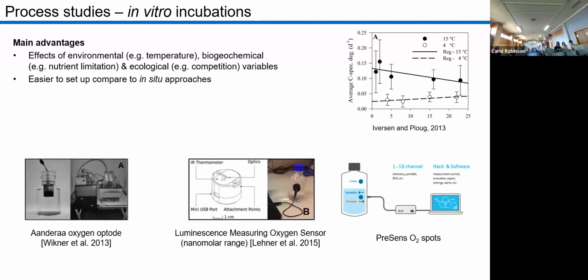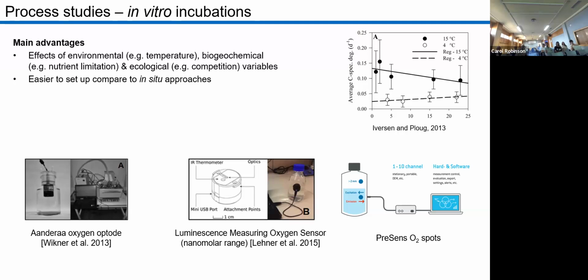The second advantage is that it's quite easy to set up compared to in situ approaches. Three examples of bottle incubation. Here on the left, you have a glass bottle equipped with an Aanderaa oxygen optode, mounted from the top. In the middle, you have this luminescence-measuring oxygen sensor.